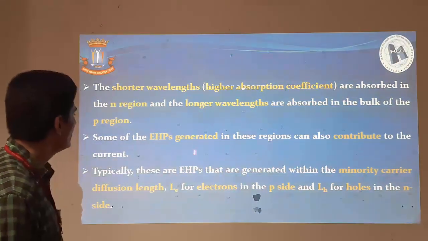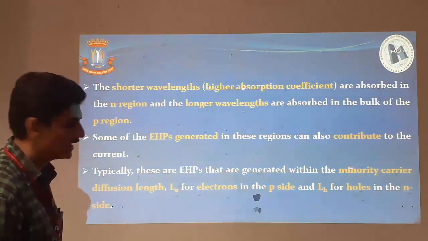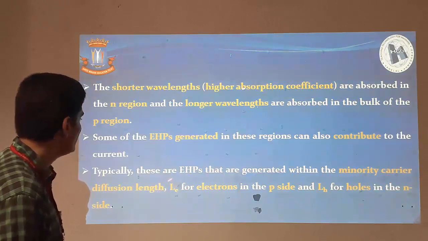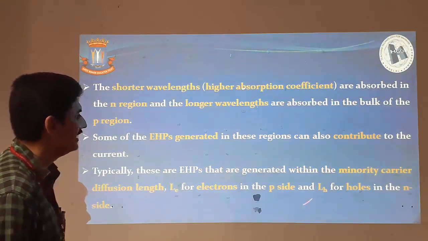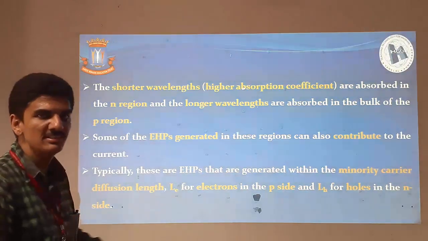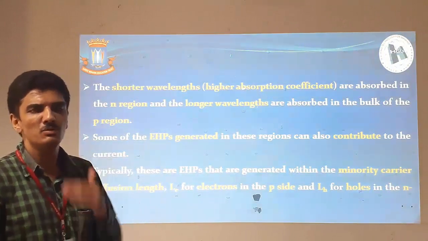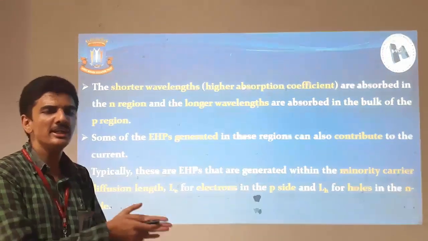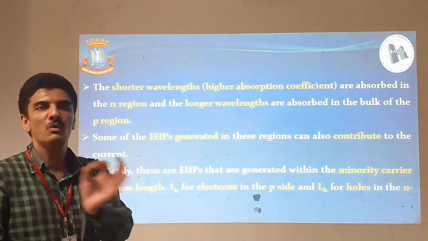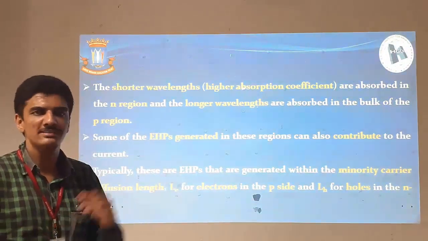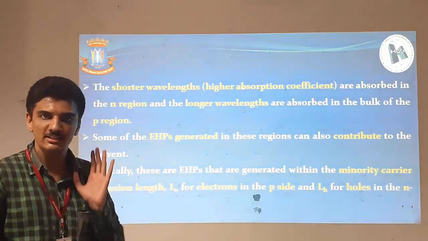Typically, these are the electron hole pairs generated within the minority carrier diffusion length, that is Le for electrons on the P side and Lh for holes. This diffusion length is very important for electrons and holes. Its magnitude should be designed such that the maximum electric current or voltage is obtained from the solar cell.